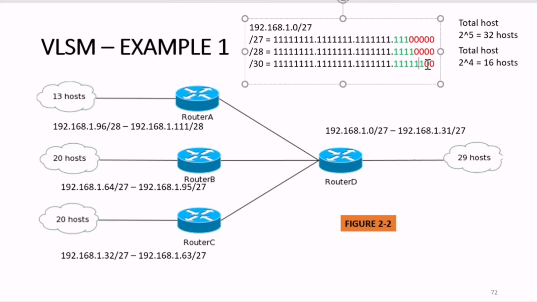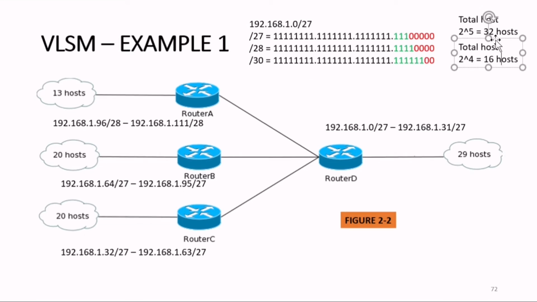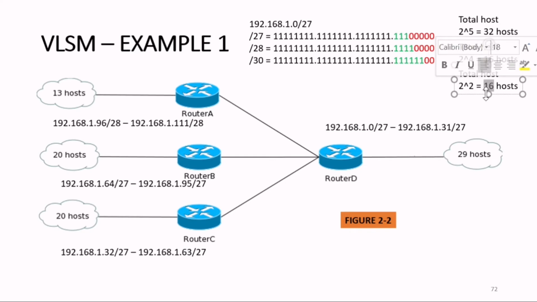So /30 means there are 2 bits here for the host, which we can say the total host should be 2 power of 2. So the total host should be 4 hosts.